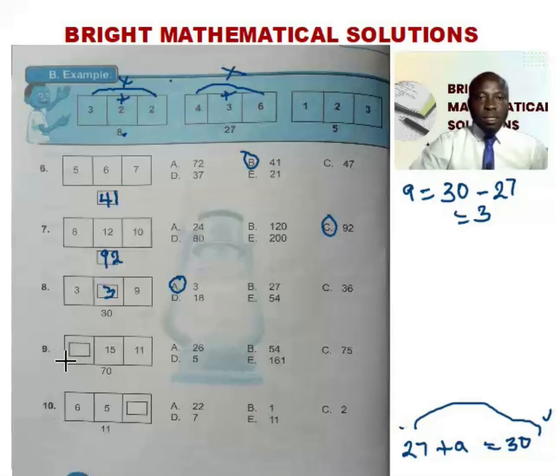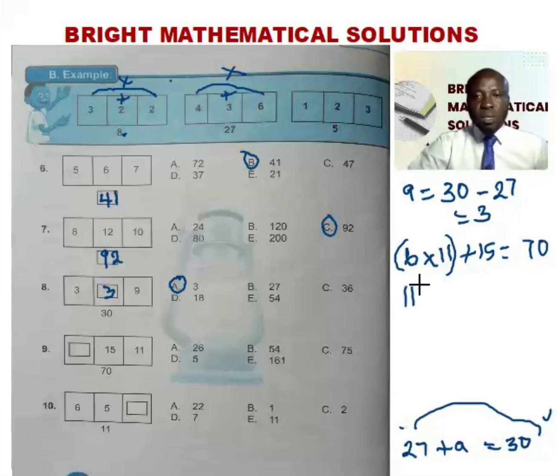Now let us look at the next one. We have unknown, 15 and 11. Let us call our unknown B. That is B multiplied by 11 plus 15 will give us 70. So B multiplied by 11 gives us 11B plus 15 equals 70.